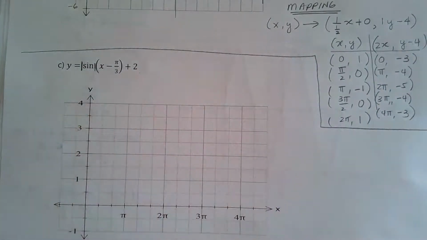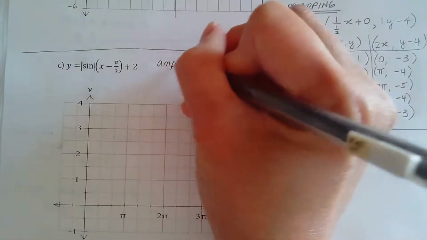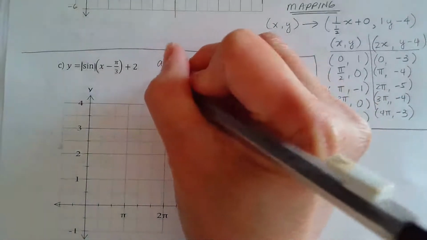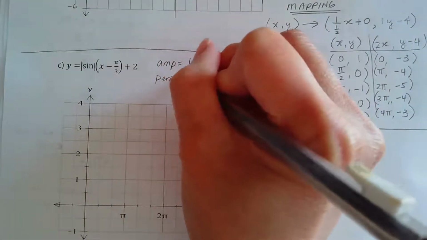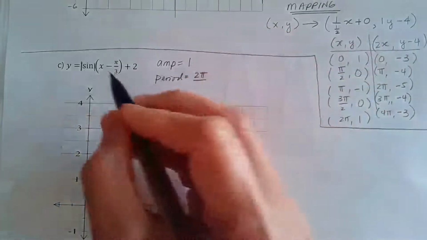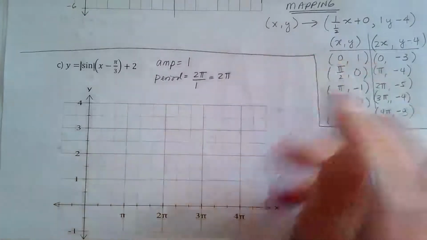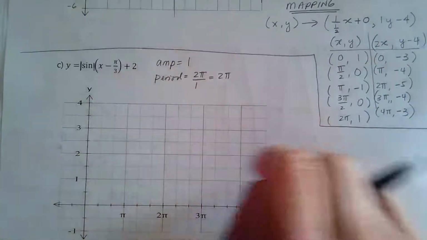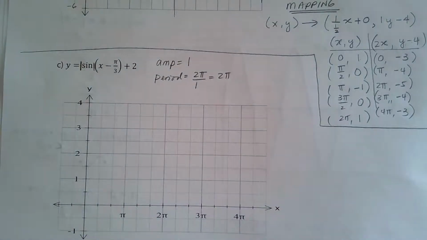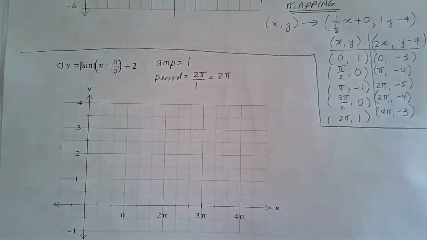So what does that mean? The amplitude is equal to 1. The period is going to be 2 pi over b, which is over 1, which is 2 pi. That means we're going to have one complete wave in 2 pi. And then our phase shift is pi over 3.